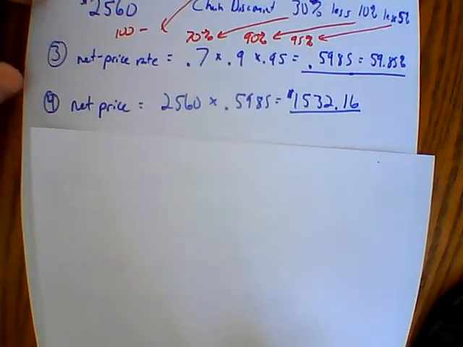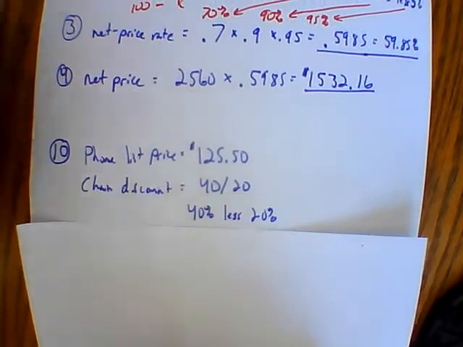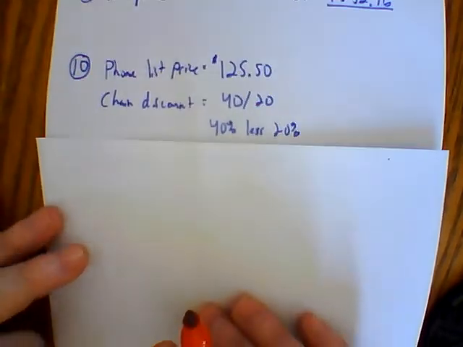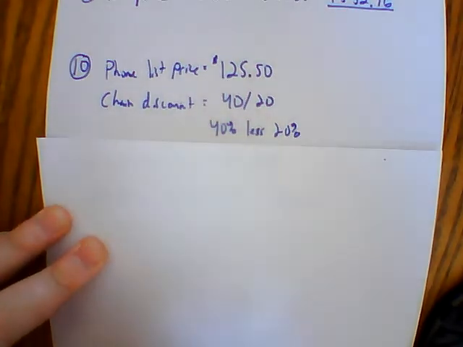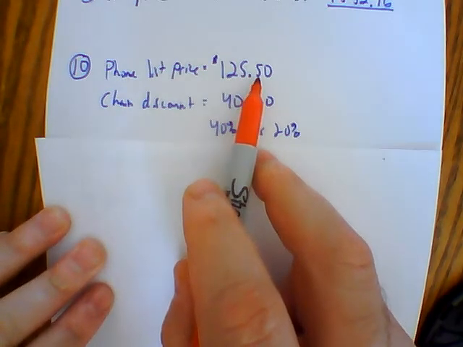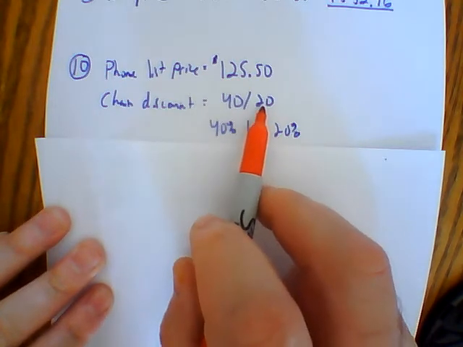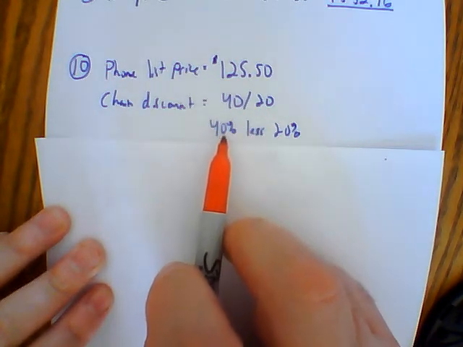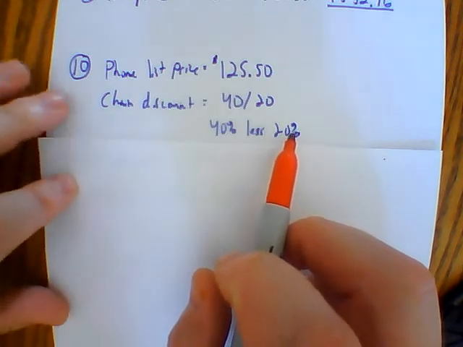Looking at number 10 in our problem set, a cordless phone has a list price of $125.50. The chain discount is 40-20, meaning 40% off less an additional 20% off.